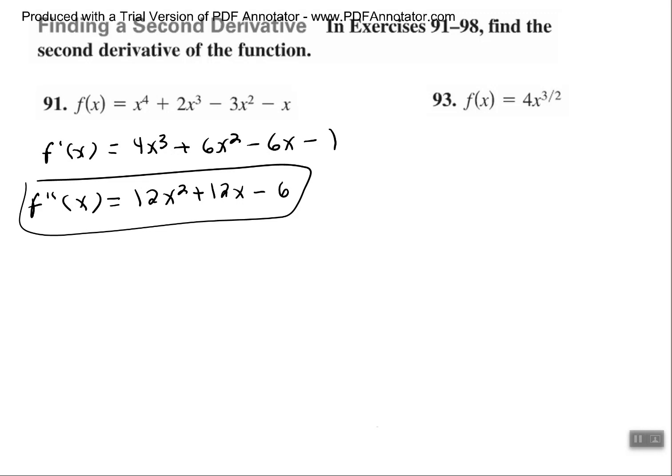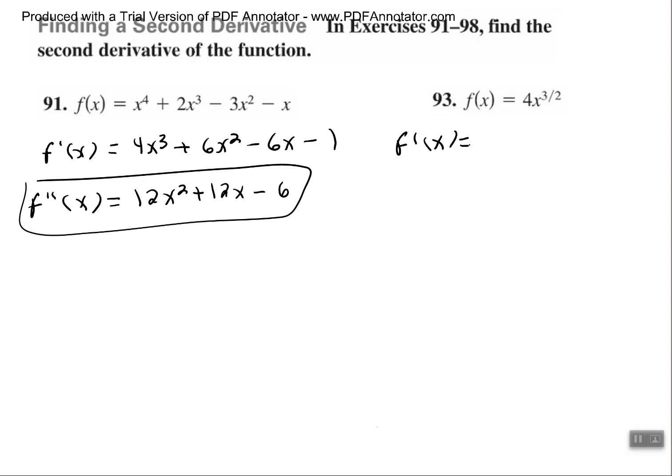Alrighty, and last but not least, number 93 here. Want to do the same thing, find the second derivative. So to find the second derivative, find the first derivative, and then find your derivative of the first derivative.